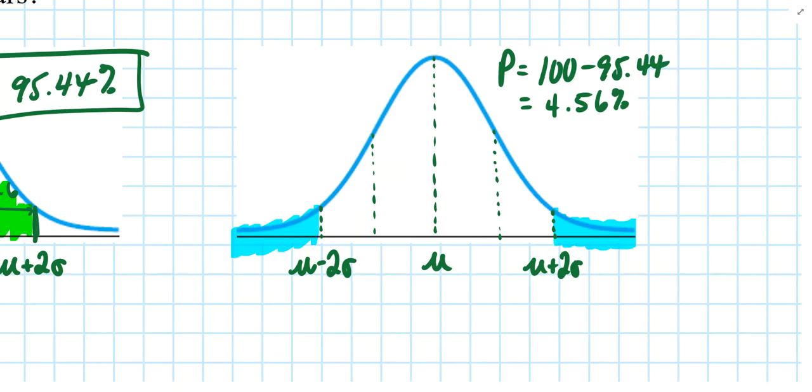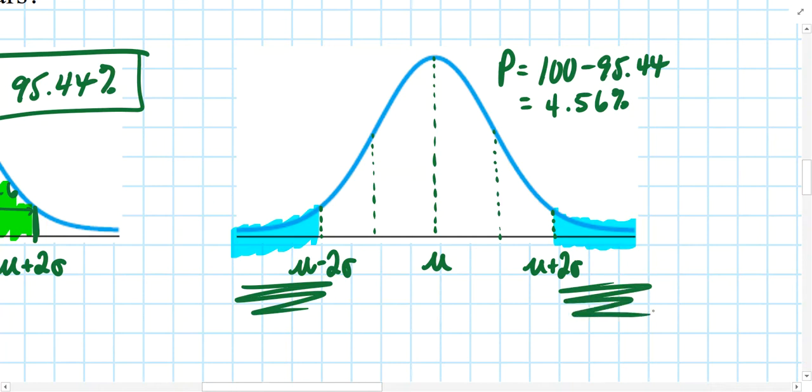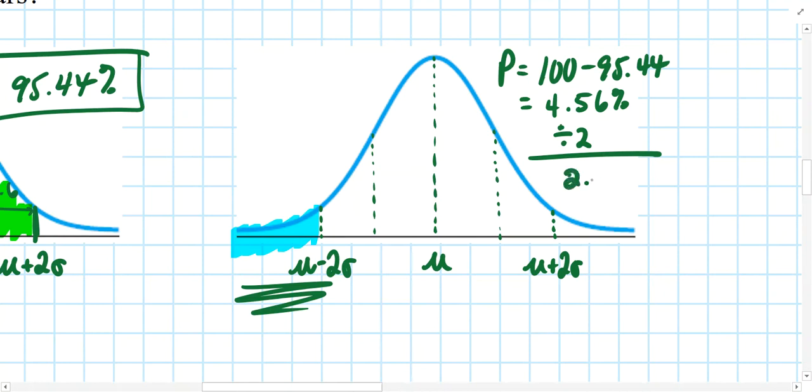But this represents the area below 5.5 and above 11.9. The bell curve is symmetric, so only half of this percentage applies to the area under 5.5, or 2.28%.